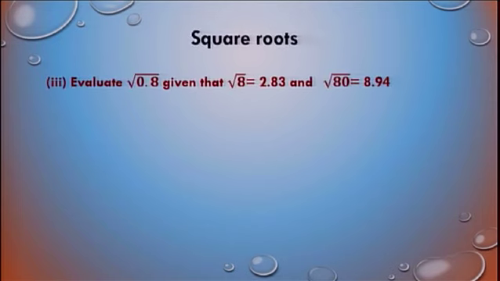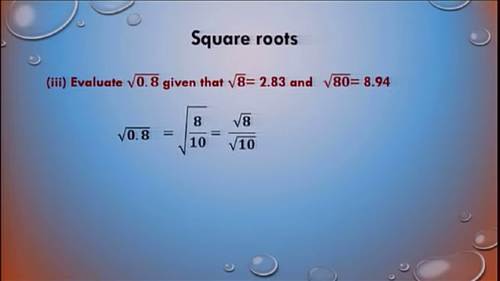Evaluate square root of 0.8, given that square root of 8 is equal to 2.83 and square root of 80 equal to 8.94. Square root of 0.8, we're going to write 0.8 as a fraction. 0.8 is same as 8 over 10, which can be written as square root of 8 over square root of 10. Now, square root of 10 is not a standard value.